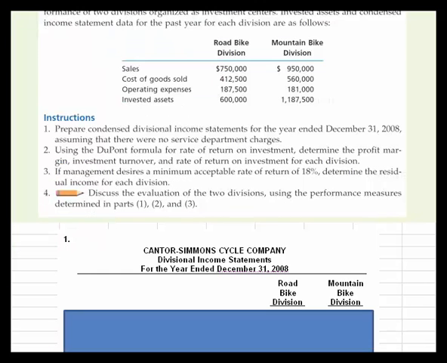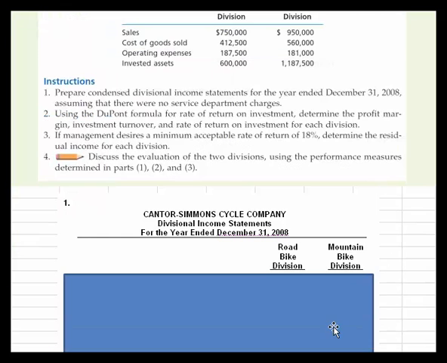I'm going to slide up now. Hopefully we'll still have some data on the top that we can see. All right, so here we have the divisional income statement for the year ended December 31st, and pretty much this part of the assignment is really just copying the information we have from above.